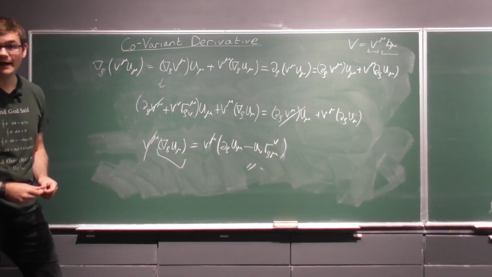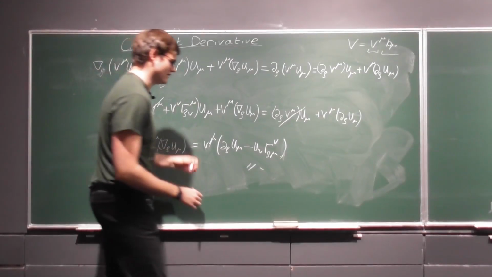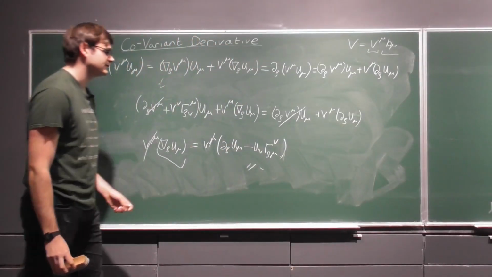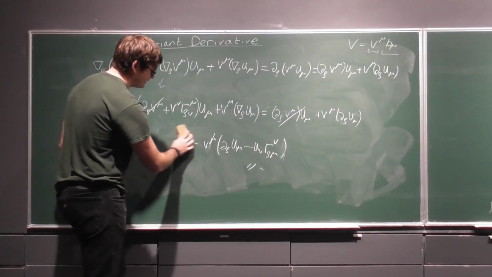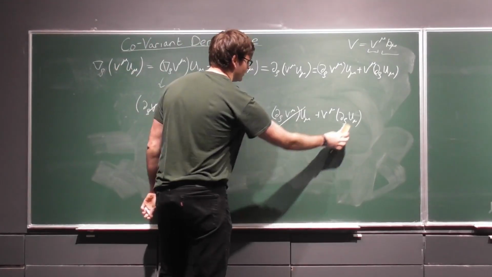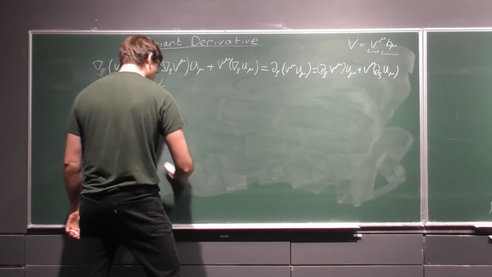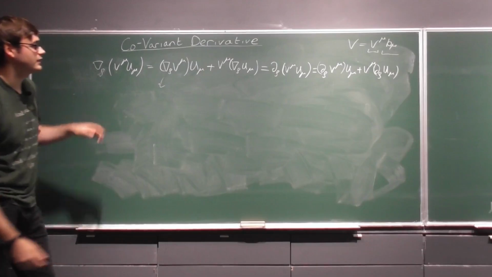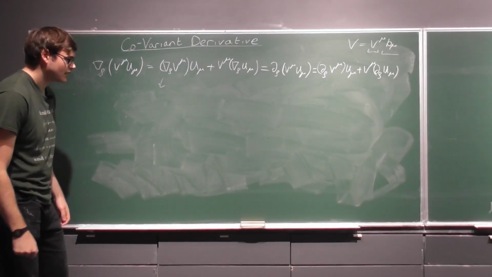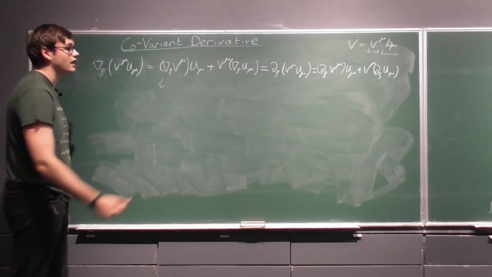So that's what happens with the covariant derivative: on upper indices it's going to give us a plus, and on the lower it's going to give us a minus. You can do similar arguments where you take the covariant derivative of any combination of tensors like this, and you can repeat the same arguments and get basically a long list.